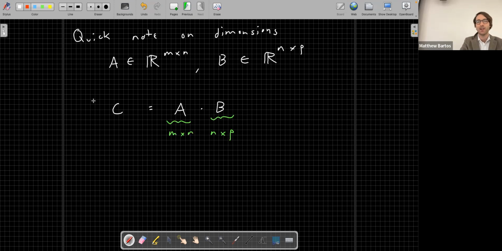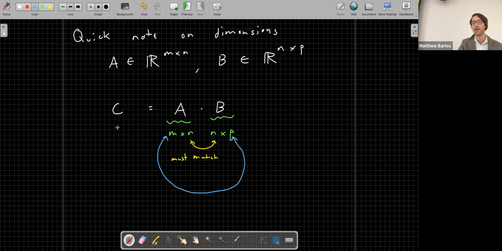In order to carry out matrix multiplication using the definitions that we gave, the inner dimensions here have to match. So these two need to be the same. And the dimensions of our output are defined by this outer pair.